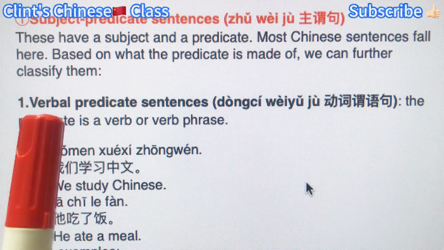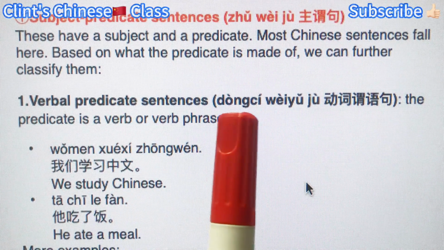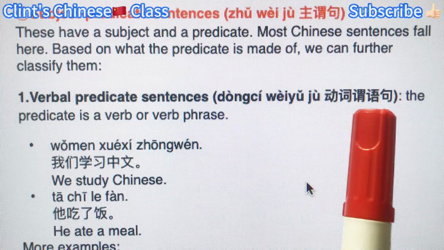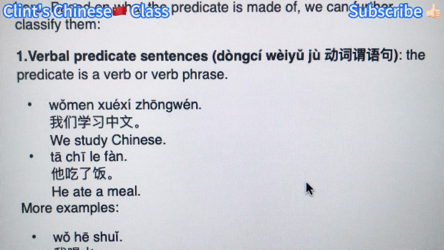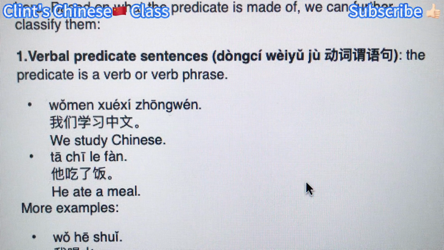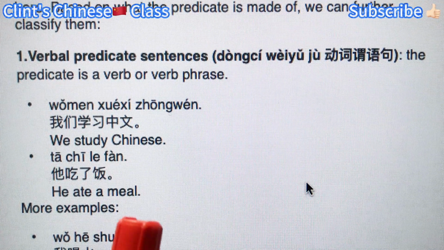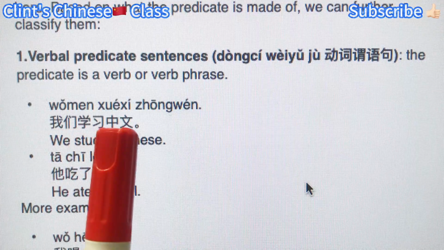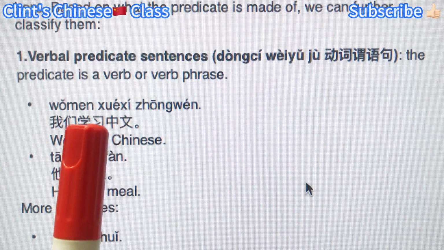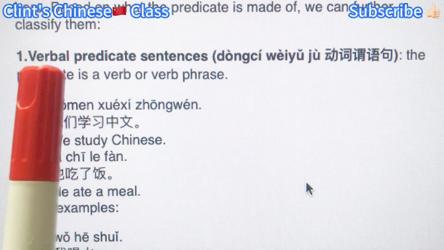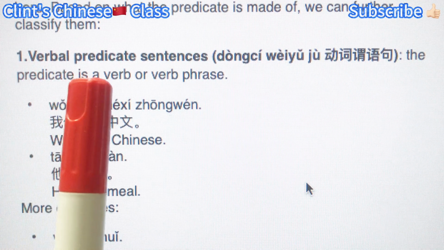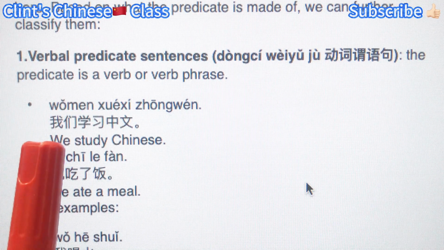Now the first type, verbal predicate sentences, 动词谓语句. This is the most commonly seen, or the most basic structure, which is subject, verb, and object. So that's why they call it verbal predicate, meaning they use a verb as the predicate. Let's take a look.